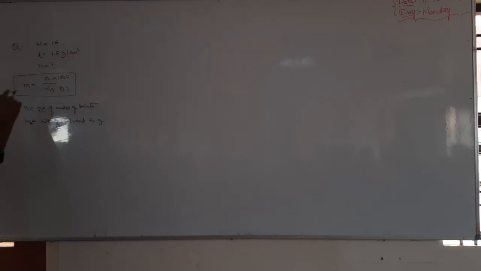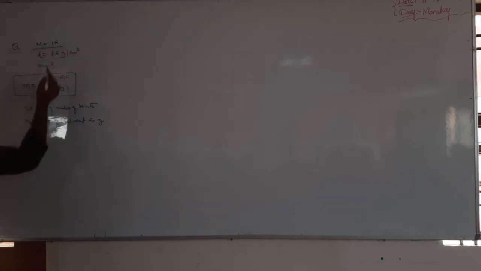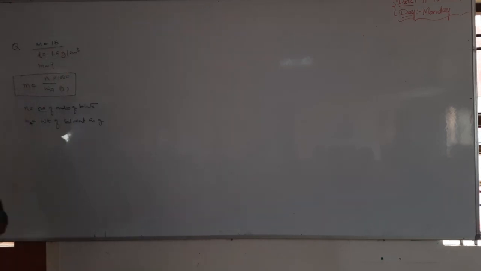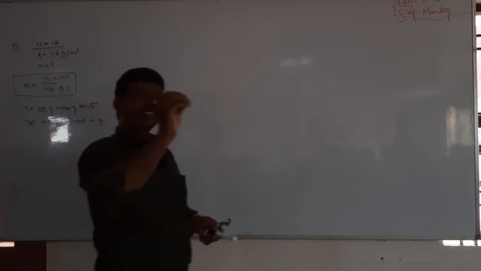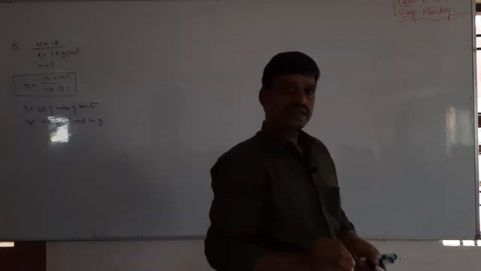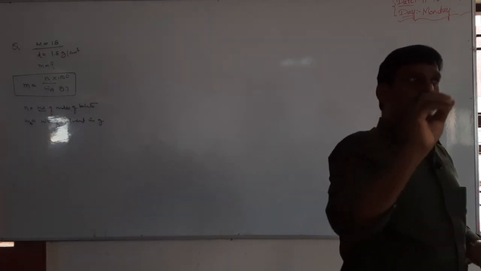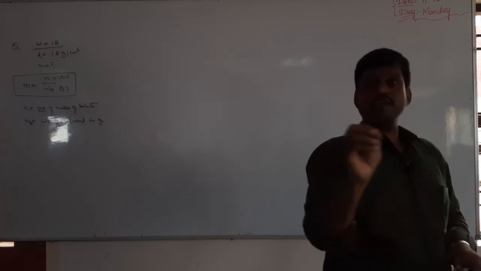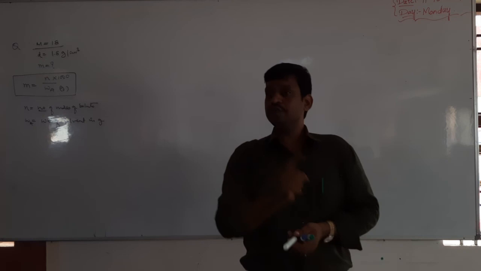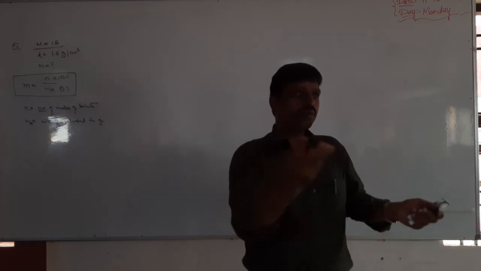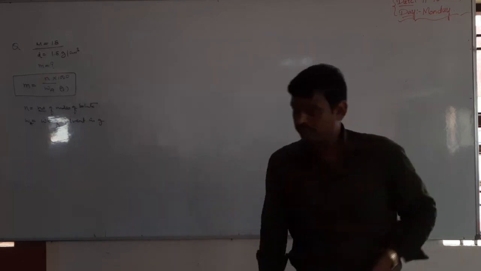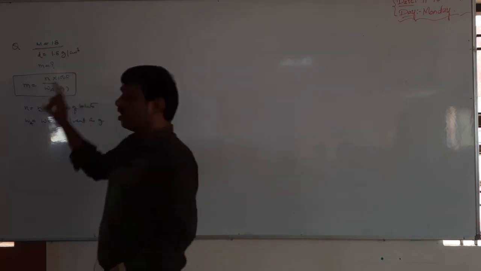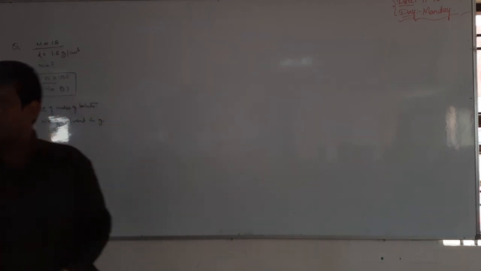We want the number of moles of solute and the weight of the solvent. But what have they given here? Molarity. Do you know what 18 molar sulfuric acid means? It means 18 moles of sulfuric acid present in 1 liter of solution, moles per liter.